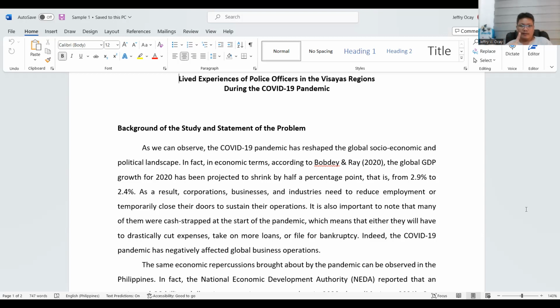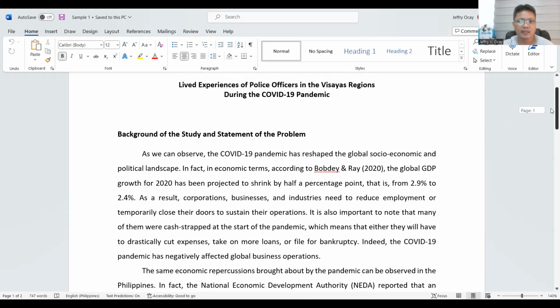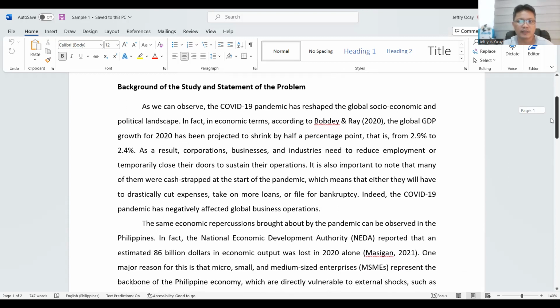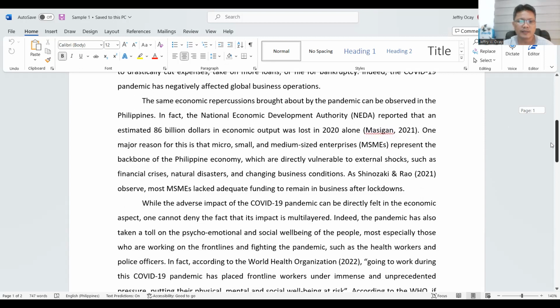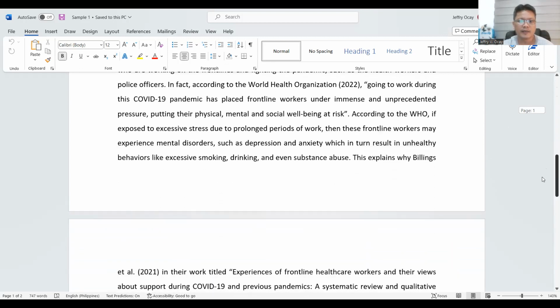I will read this background of the study and then show you at the end how I develop the thesis statements and where I place it. And before I read, let me show this one. So as you can see, let me slowly scroll down. So this is the background of the study.